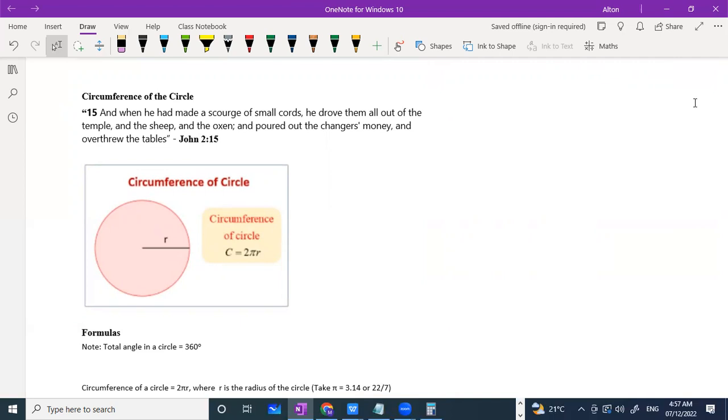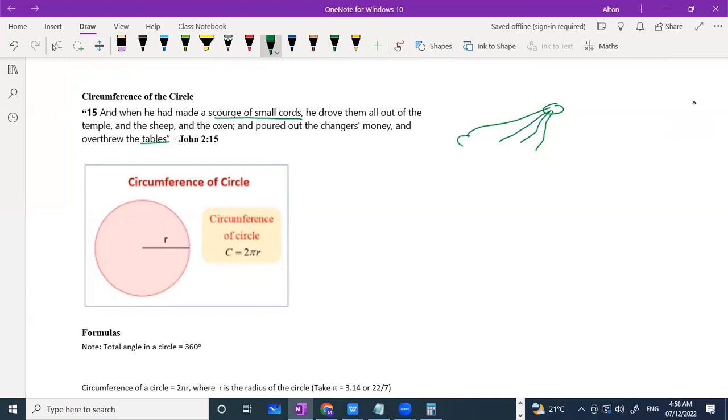But where does the math come in? You saw the word table here in the scripture, right? And who knows, maybe he made a scourge of small cords.